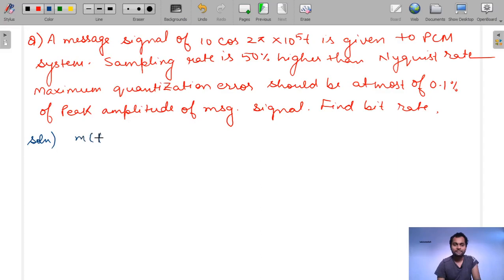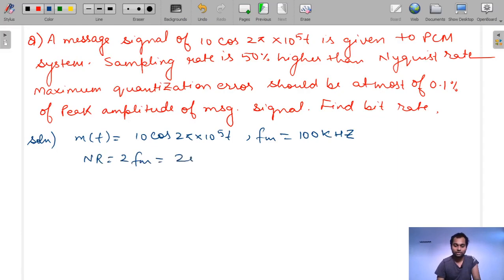Our message signal is given as 10 cos 2 pi into 10 to the power 5t. So what is fm, the message frequency? That is 10 to the power 5 hertz, that is equal to 100 kilohertz. Now the Nyquist rate is equal to 2 into fm, that is equal to 200 kilohertz.